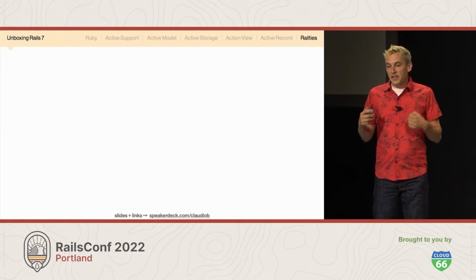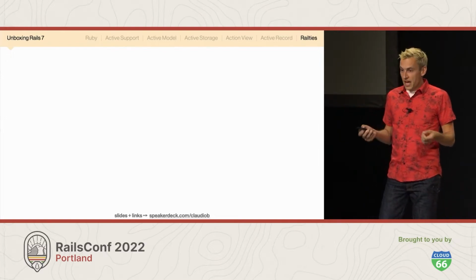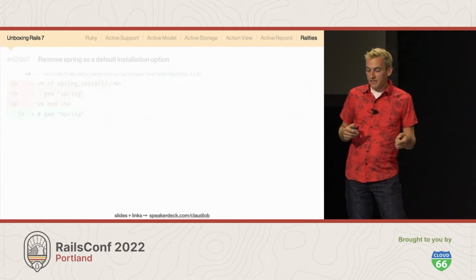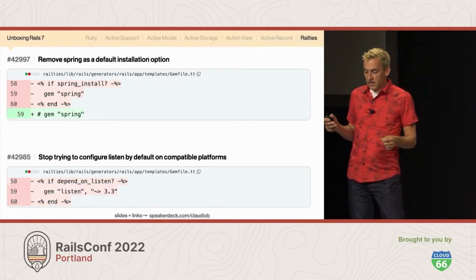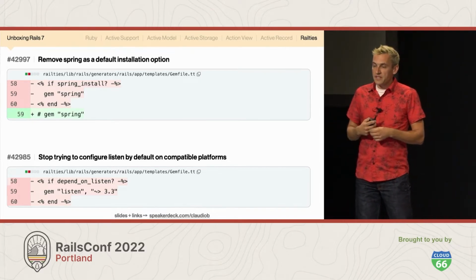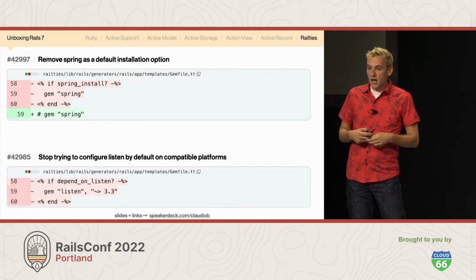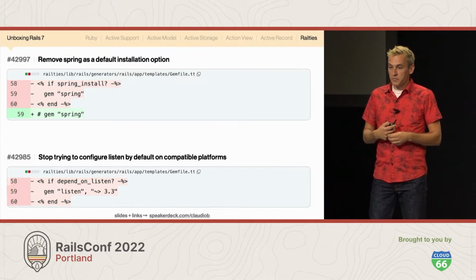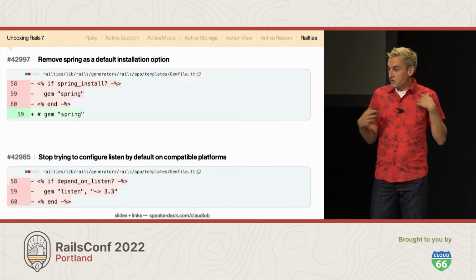When you create a new Rails 7 app, there are two gems that will not be there anymore. One is Spring, and one is Listen. These were two gems that had been added in previous years to improve performance for your development. Spring would keep your application in memory, so it would save you some time when you were developing.